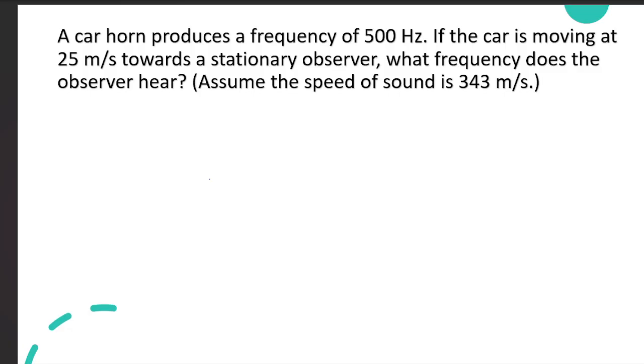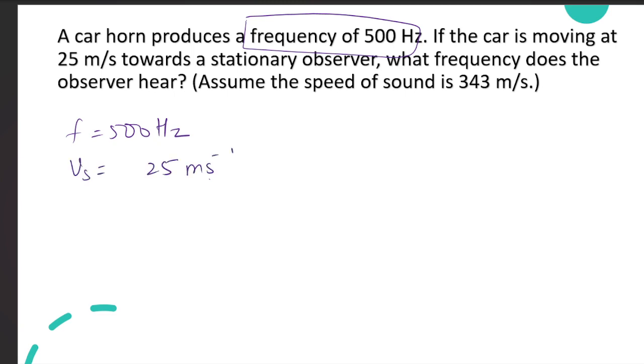So in this question we have the following data given to us. Frequency of the source is 500 Hertz and the velocity of source Vs is equal to 25 meter second power minus 1.